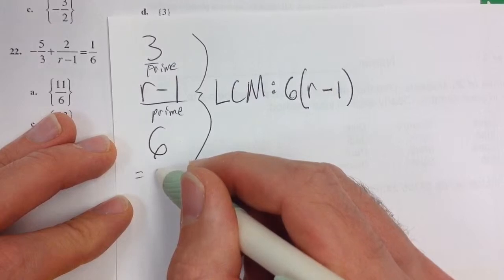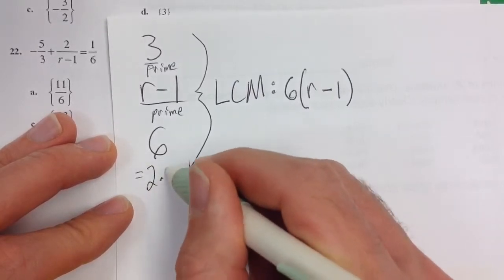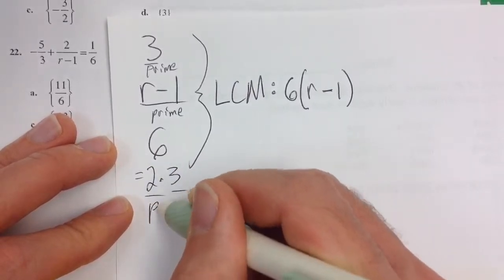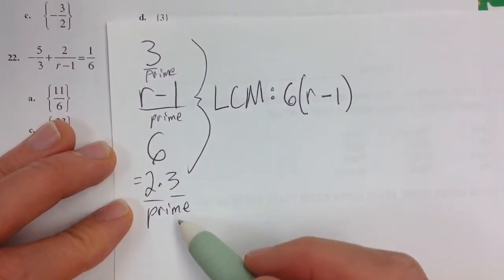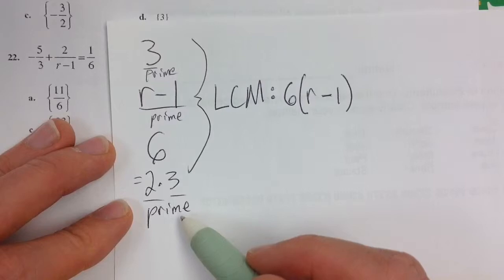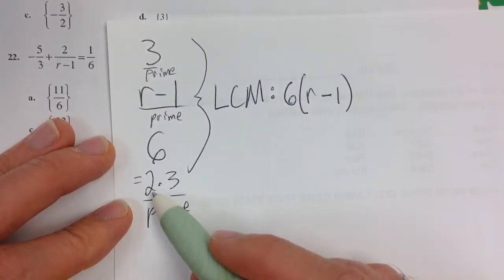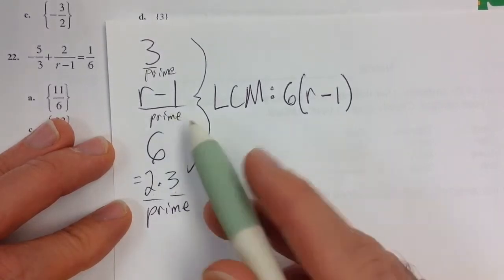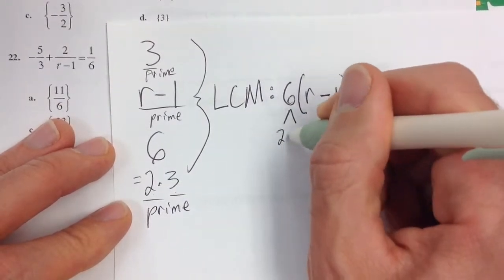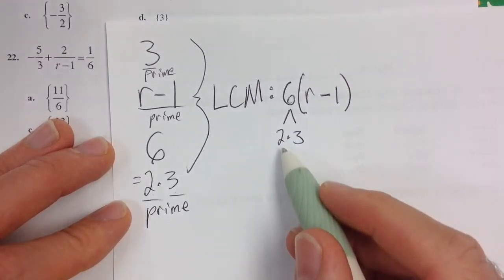As primes, 2 times 3. So your least common denominator has to include all the prime factors raised to the highest exponent. So it needs to include 2, 3, and r minus 1. And the 6 is including 2 and 3.